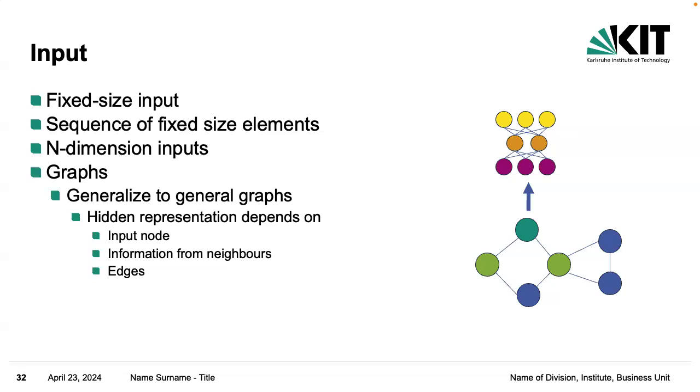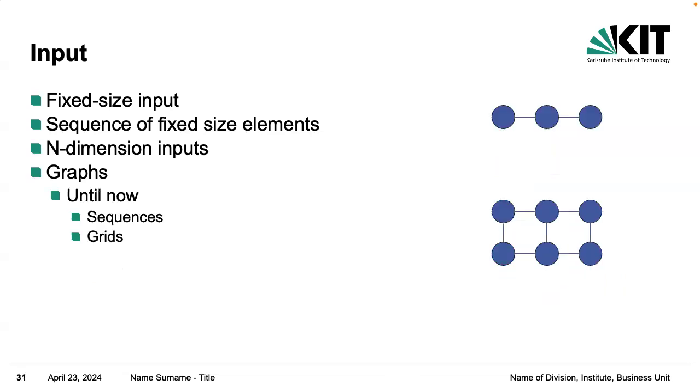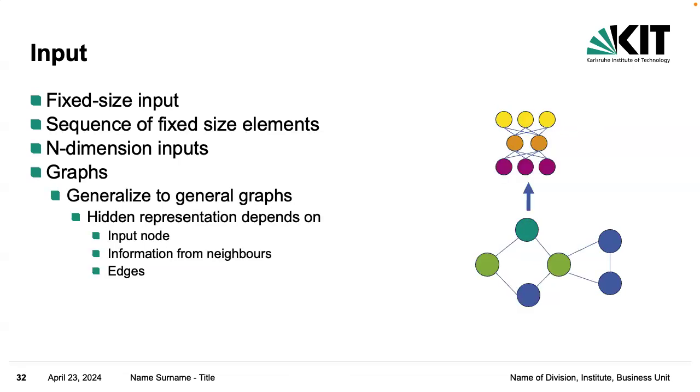In the previous graphs, we always have two neighbors, so we can always include these two, and it's clear how many surroundings you have. Here it's also clear: up, down, right, and left, but it's still fixed. If you want to deal with a general network, of course, it is no longer fixed. So you somehow have to sum them up or do something else to get a fixed context representation. It might no longer be that easy to incorporate that.